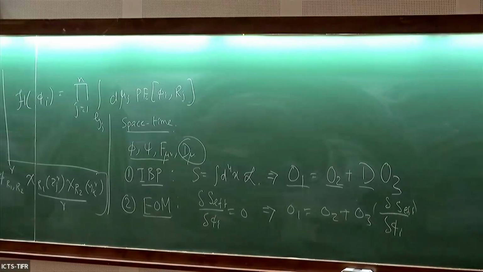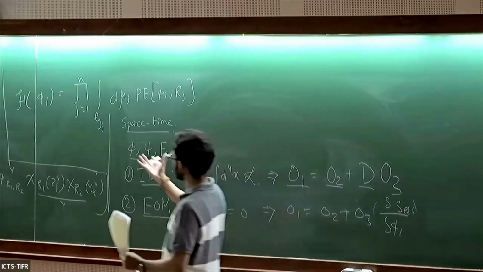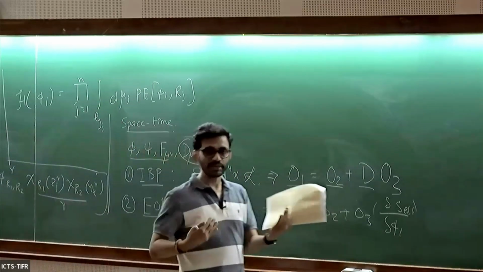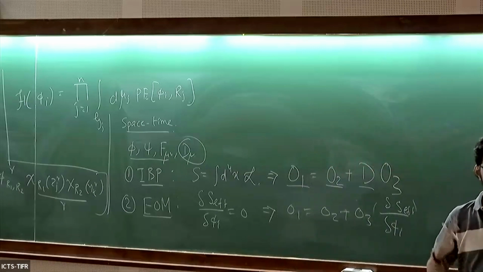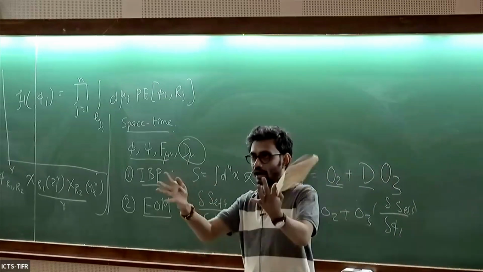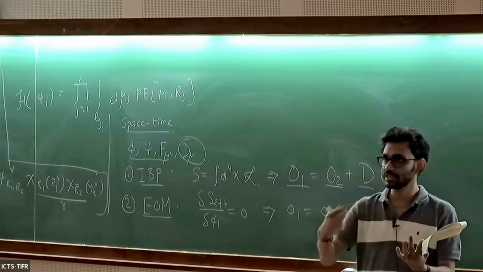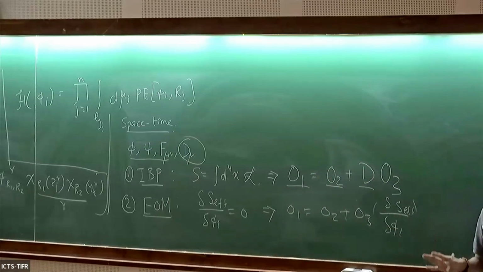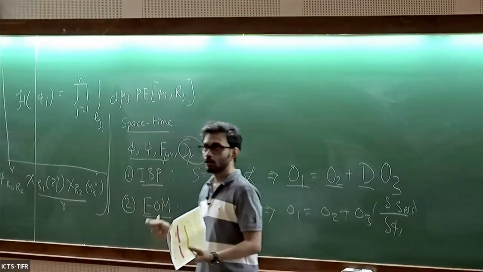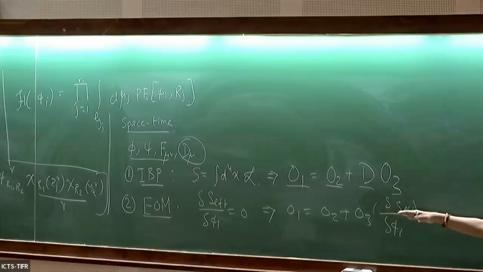So our target is to set up a symmetry guiding principle such that we plug that information into this construction and it automatically filters out all those constraints. Then we can claim that the invariant polynomials we get are independent, without manually checking the equation of motion again. We want to impose the equation of motion and IBP through a symmetry driven way. That is the target. Let's see how we can do that.